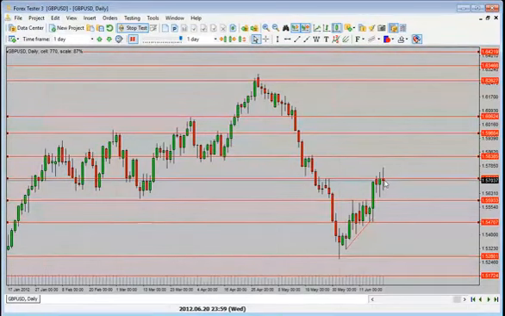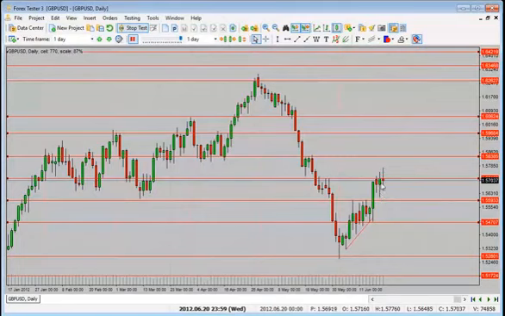Okay, so here, what do we see? We see that we have an upward move, upward bias here, but now we are coming into the resistance here, and price is struggling. Since we have this neutral candle close here, price could come back into this support level right here.